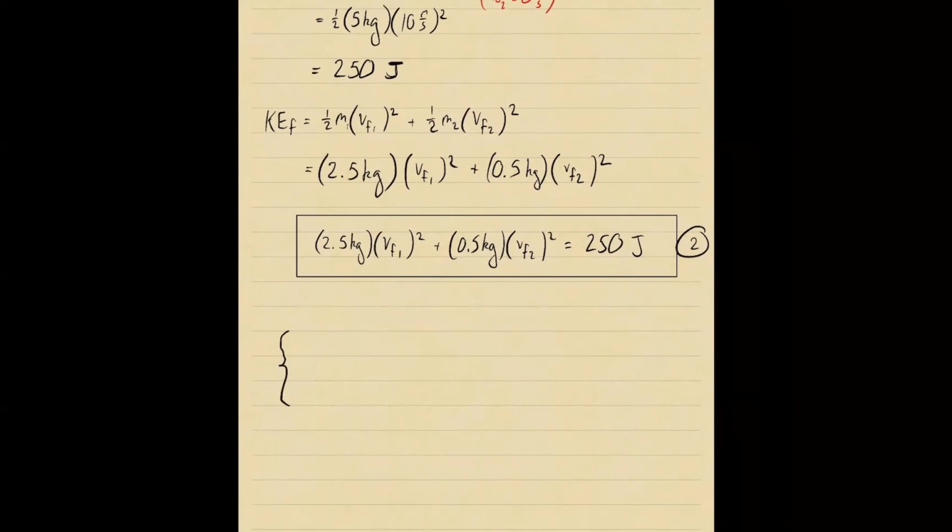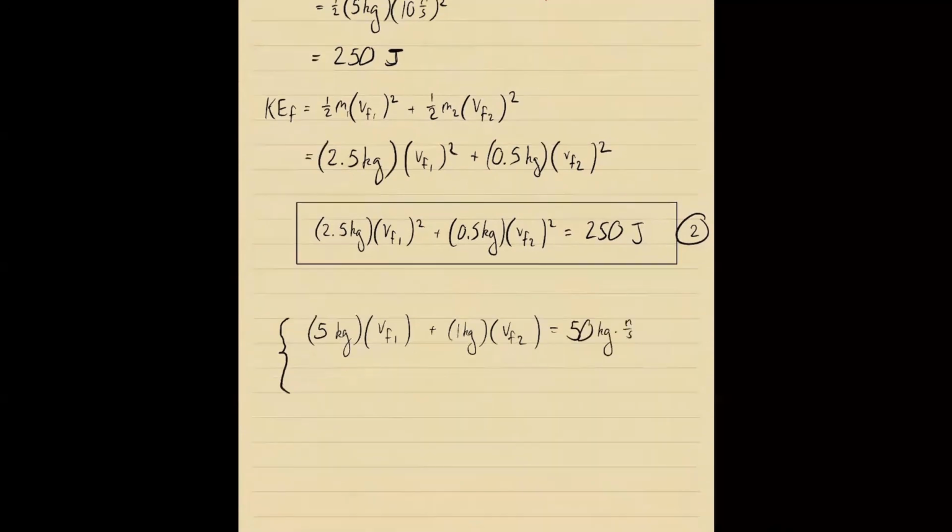On the one hand, for equation 1, we have that 5 kilograms times the final velocity for our first ball plus 1 kilogram times V2, the final velocity for our second ball, is equal to 50 kilograms times meters per second. All right, that's our first equation.